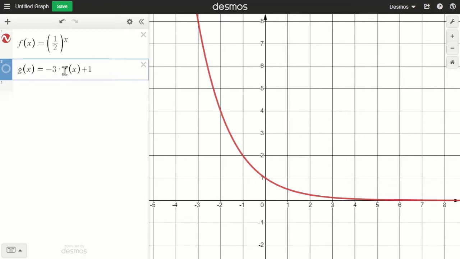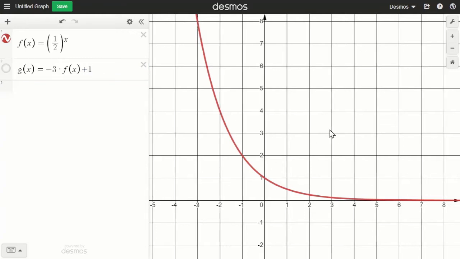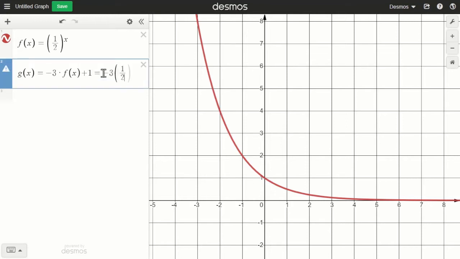So from our original parent function f of x, I multiply first, and then we add or subtract a constant term. And yes, indeed, this is the same as -3 multiplied with 1/2 to the x, just like you have seen on the board earlier. So g of x is -3 times 1/2 to the x plus 1.